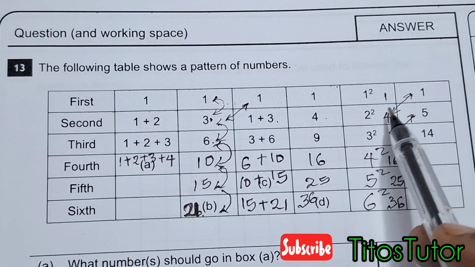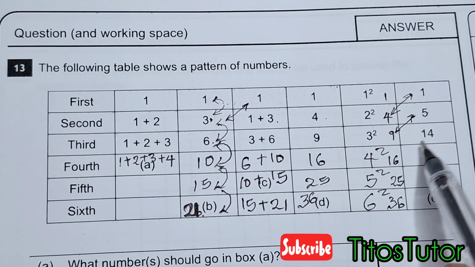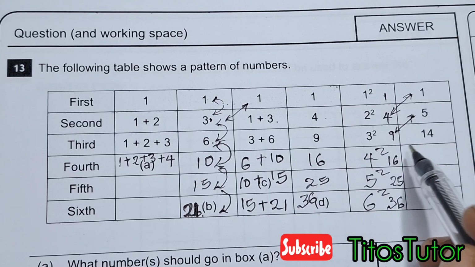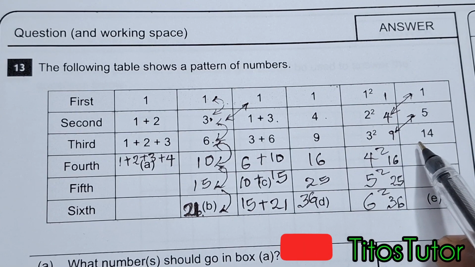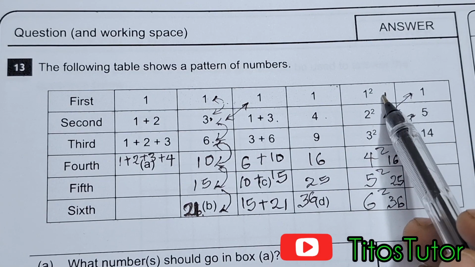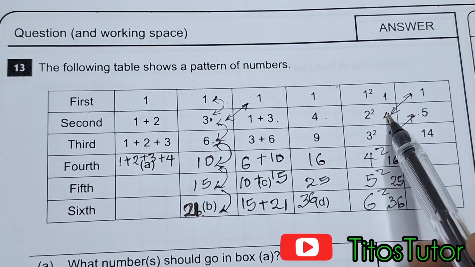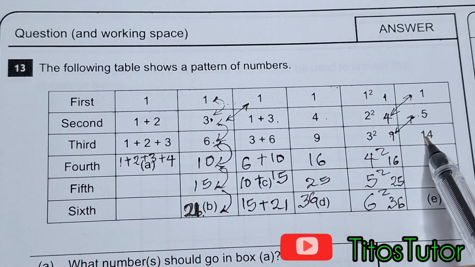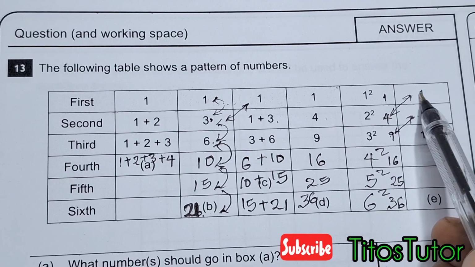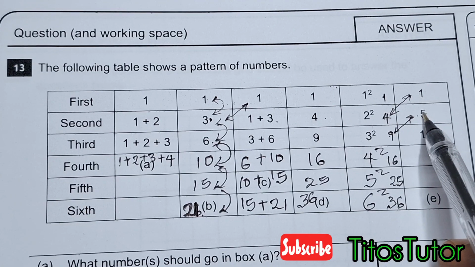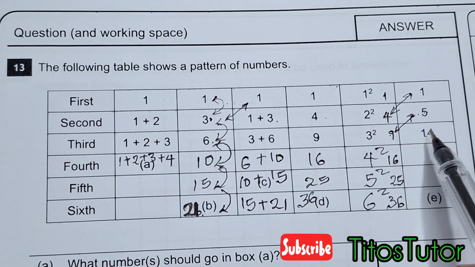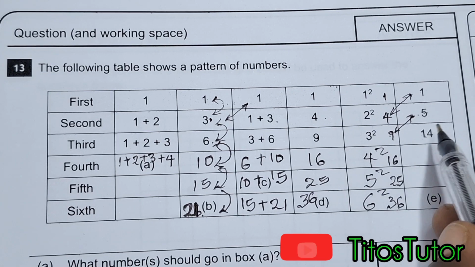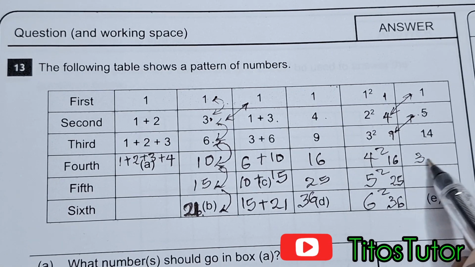So you just check what the pattern looks like. That's just it. If you don't do that, you won't get it right. Because if you do 1 plus 4 is 5, 4 plus 9 is not 14. So that means it's 4 plus 1, 9 plus 5, and 14 plus 16, which is going to give you 30.